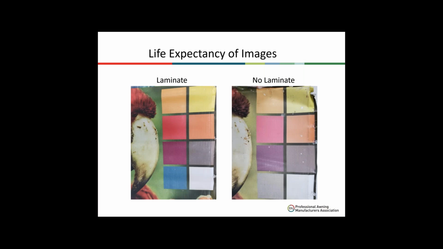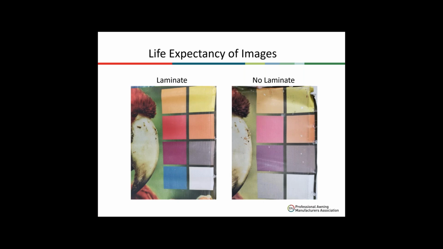Okay. This is really good. One of the national printers shared this with me, and I think it shows pretty much what I'm talking about here. So you see on the left-hand side, you have a product printed that has an overlaminate over the top of it, and they put this outside in the back of their building for the last couple of years. I think this is maybe 2.5 years old, okay?